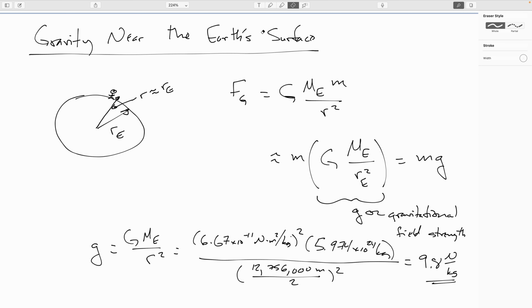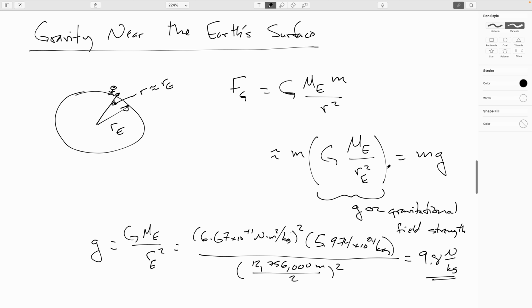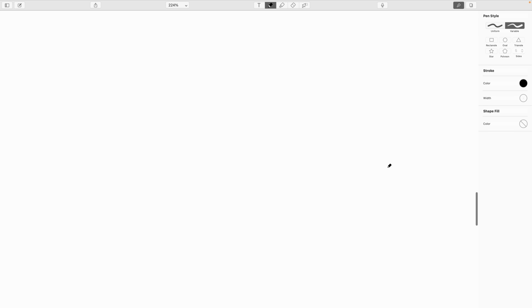Now, if I'm far enough away, eventually I will get far enough that I can't just say that r is approximately the distance from the surface of the Earth. So in that case, let's say I'm sitting up at some height h above the Earth.